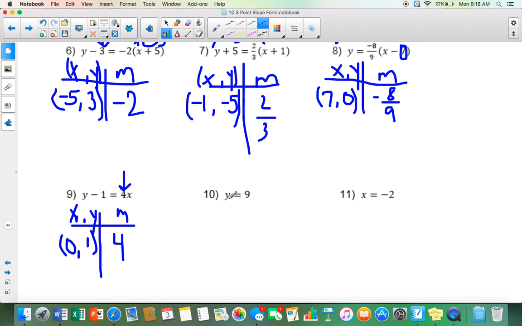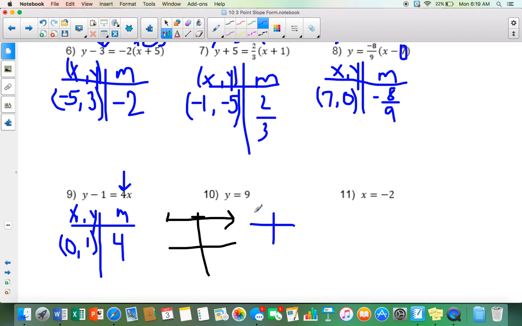Okay, number 10 and 11, bells and whistles should be going off because we've got these special lines. Now, whenever I'm doing special lines, I always go ahead and I just make a little graph and I draw it. So if I know y equals 9, here's my y-axis. So I'm going to say 9 is right here, which means my line went through this point, or any of those points really, right there.